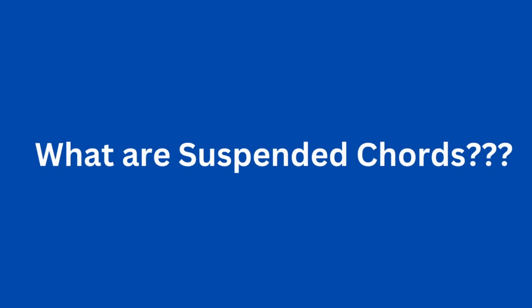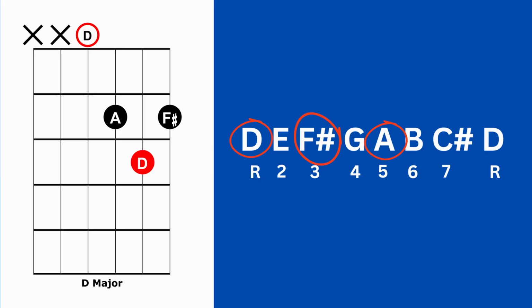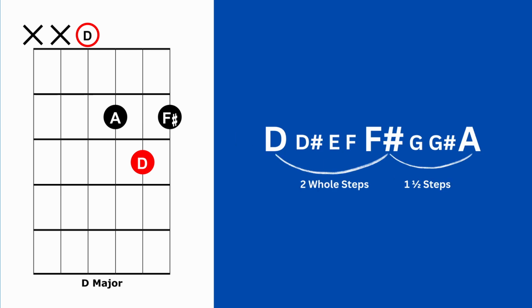Okay, so let's talk about sus chords. We're going to stick with the key of D or the D chord here. As you may recall, a D chord, or any triad, consists of 3 notes: the root note, the 3rd note, and the 5th note drawn from the scale. Or it can be thought of as 2 whole steps from the root note to the 3rd, or 1.5 steps from that 3rd to the 5th, or 3.5 steps from the root note to the 5th.